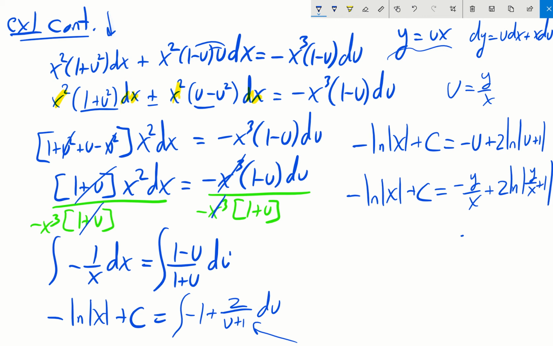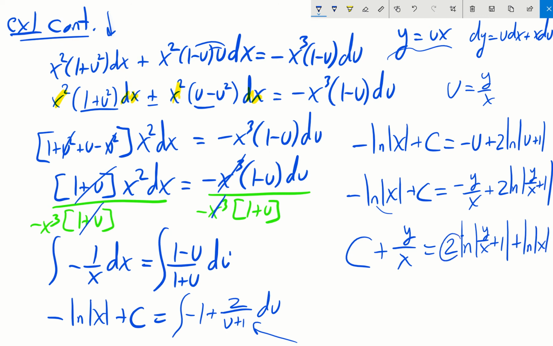We can use properties of logarithms to try to rewrite this, so let's go ahead and do so. I'm going to bring all of my logs to one side and all of my non-log terms to the other. So we have c plus y over x equals, bringing this log term to the other side, 2 times the natural log of the absolute value of y over x plus 1 plus the natural log of the absolute value of x.